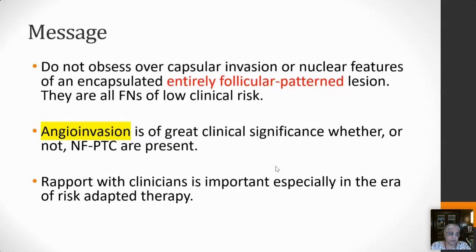We don't need to really spend too much time. We can make a diagnosis, or we can note that there is some extrathyroidal extension, but as long as it is not into the strap muscles, that microscopic extrathyroidal extension does not really make a difference.